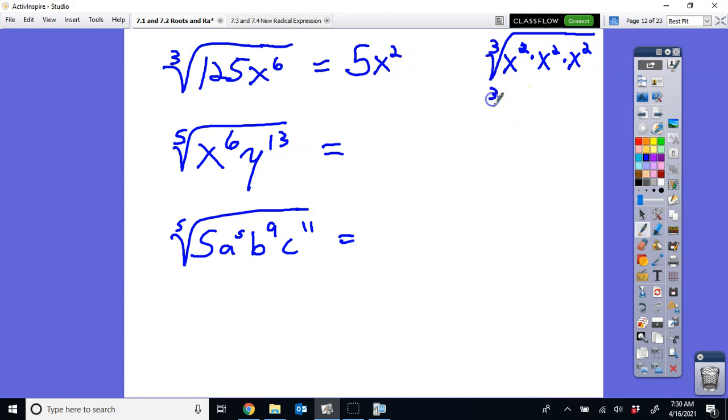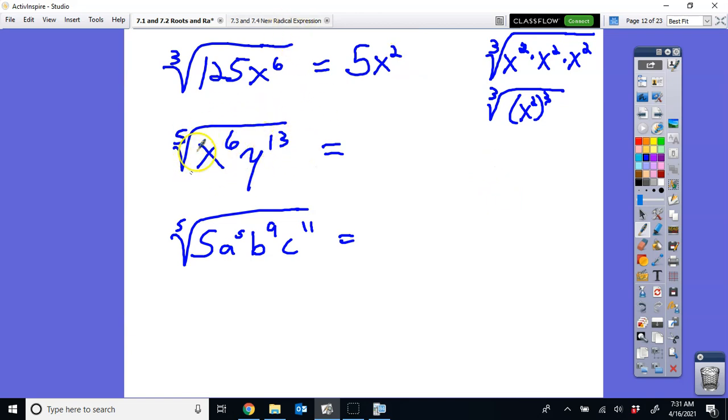Another way to think about it, using your properties of exponents from that other video you were supposed to watch, is x squared to the 3rd power, because 2 times 3 would be 6. x squared to the 3rd power is what x to the 6th is. And when you take the cube root of a 3rd power, it cancels out and leaves me with x squared. So all you have to do is just some basic division skills.